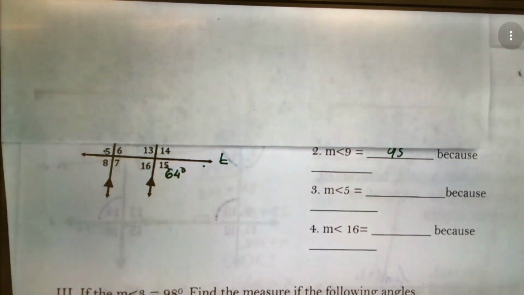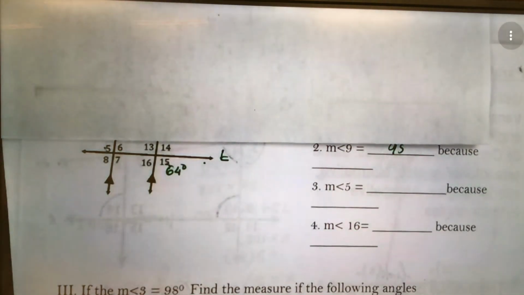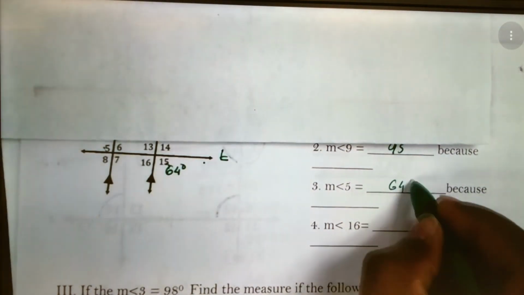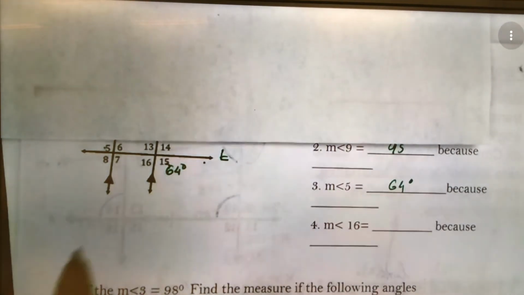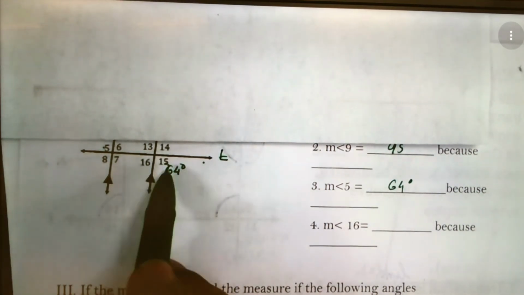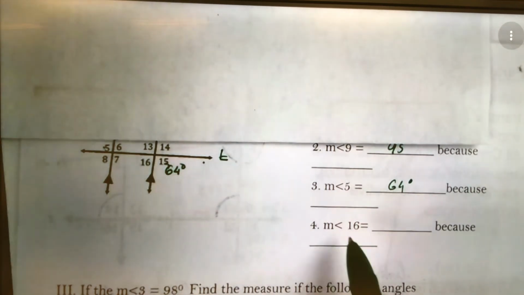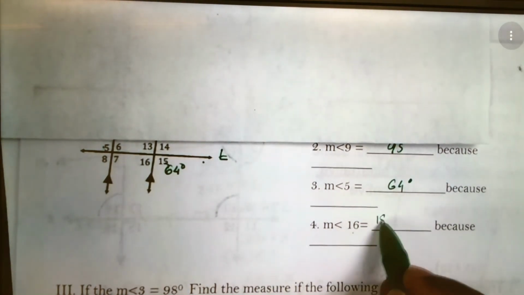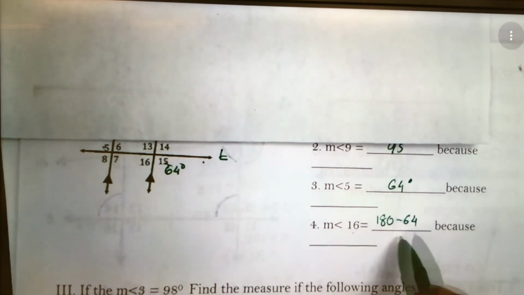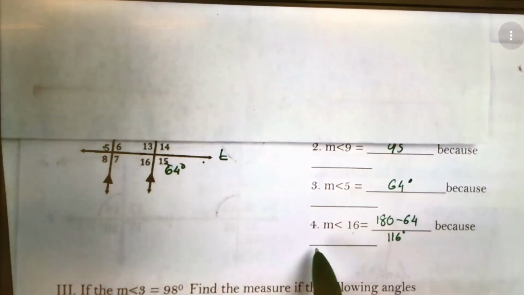You already know that 5 and 15 are alternate exterior, so that becomes 64 degrees. And here is angle 16. We already know that they are side by side and add up to 180. So to find the measure of angle 16, we do 180 minus 64, which becomes 116 degrees, because they are a linear pair.